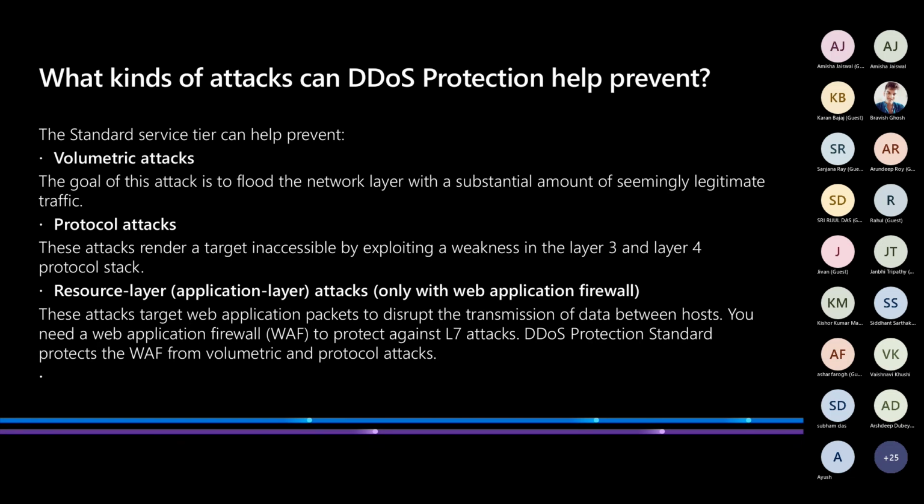Protocol attacks: these attacks render a target inaccessible by exploiting a weakness in the layer 3 and layer 4 protocol stack. Resource layer attacks: this attack targets web application packets to disrupt the transmission of data between hosts. You need a web application firewall to protect against L7 attacks. DDoS protection standard protects the WAF from volumetric and protocol attacks.